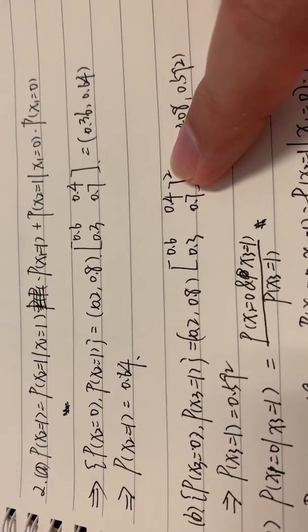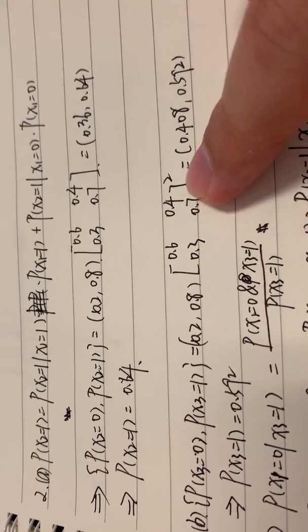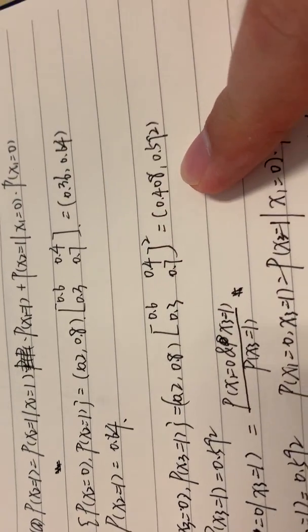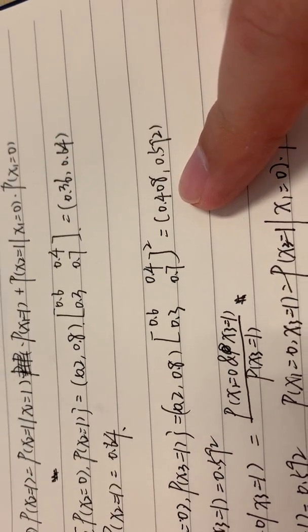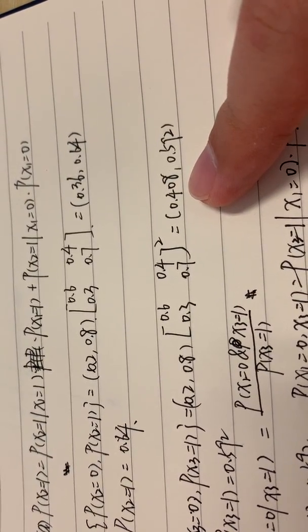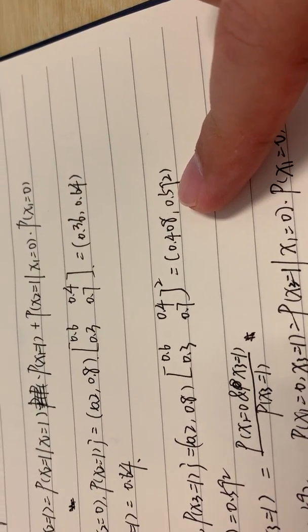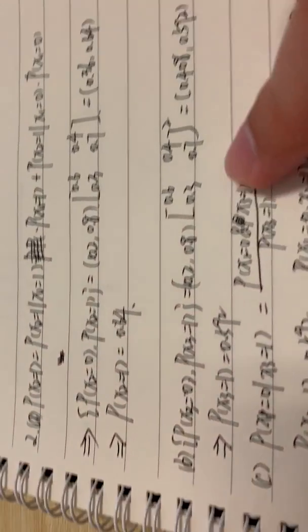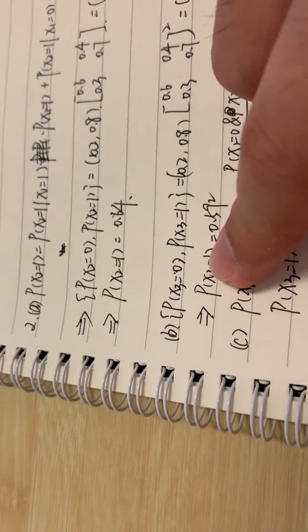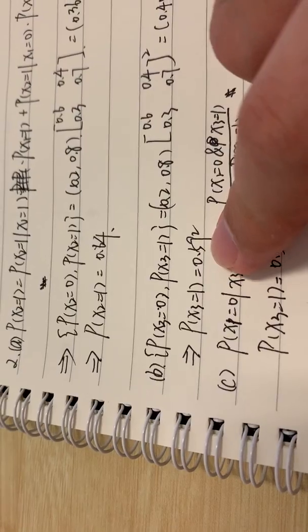That's a power of 2. So we write down the vector and the matrix with power 2, and the result can be calculated as 0.408 and 0.592. So the probability that x3 equals 1 is 0.592.